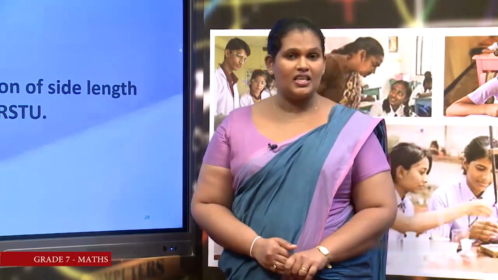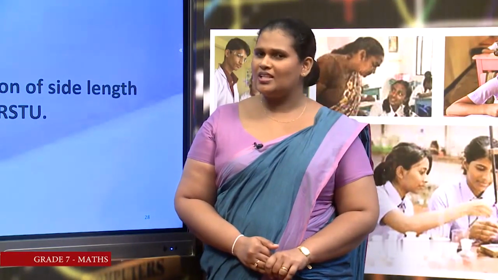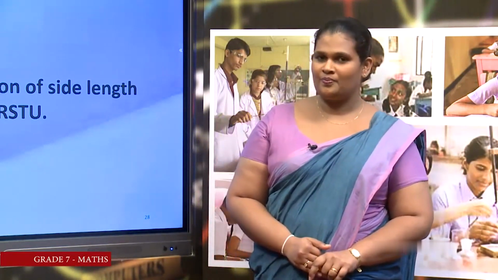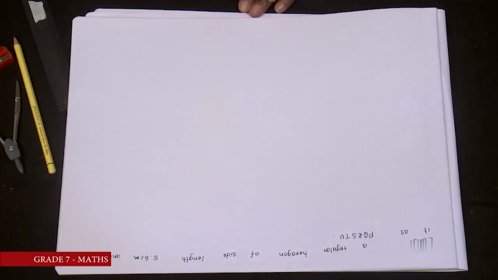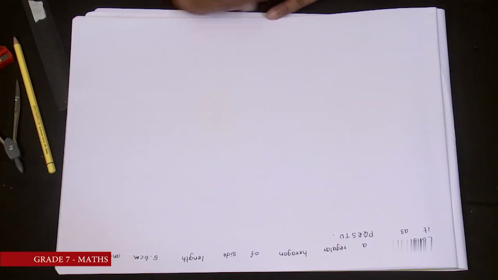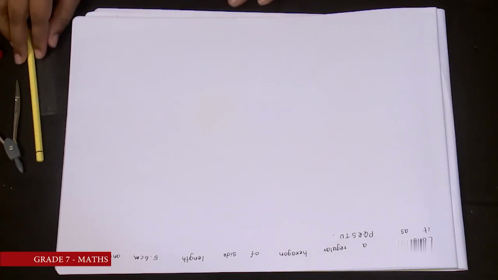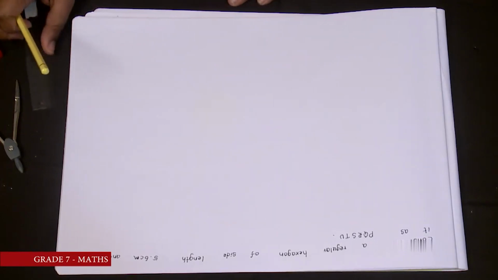Right. Previously, I have taught you how to construct the regular hexagon. So, we'll see whether you can construct it before me. Right. We'll move on to the construction. Now, we are going to construct a regular hexagon of side length 5.6 centimeters, and then we are going to name it as PQRSTU.